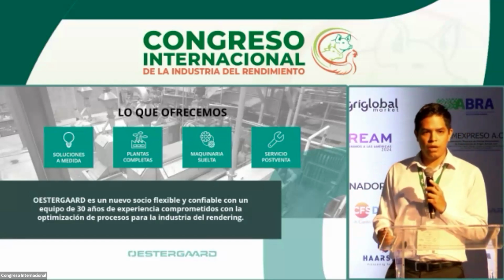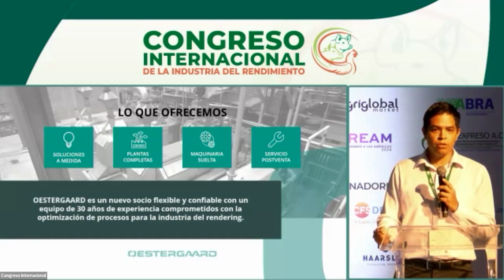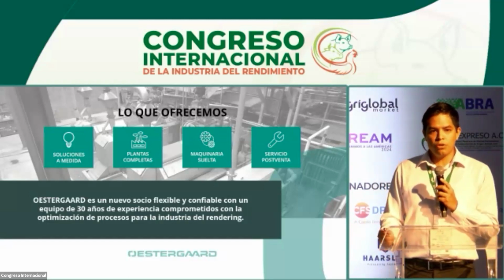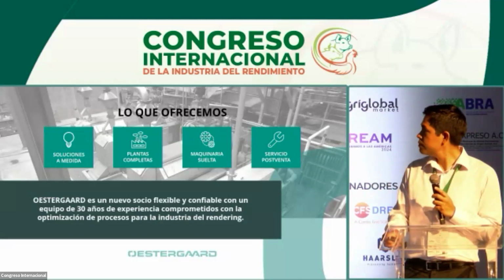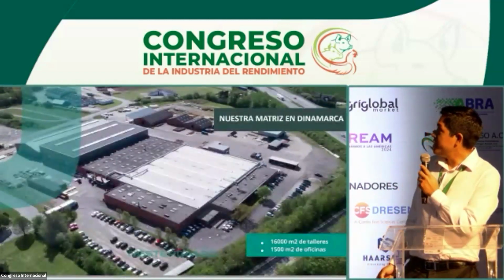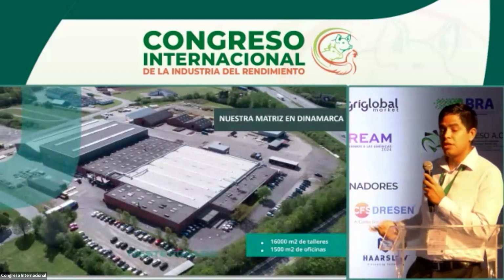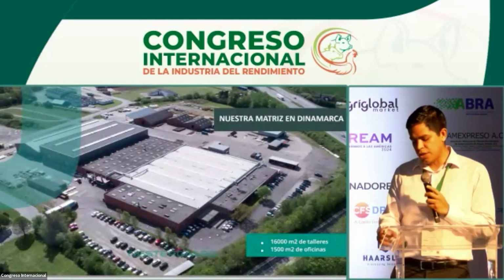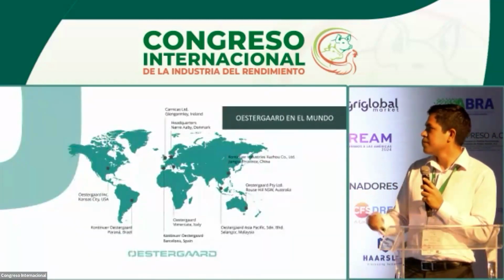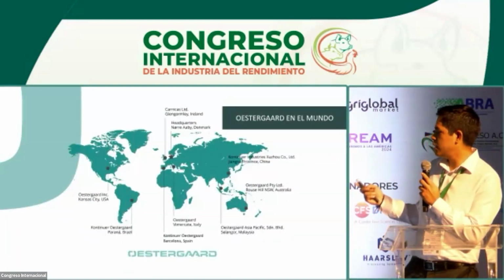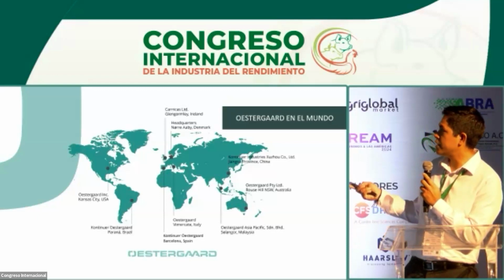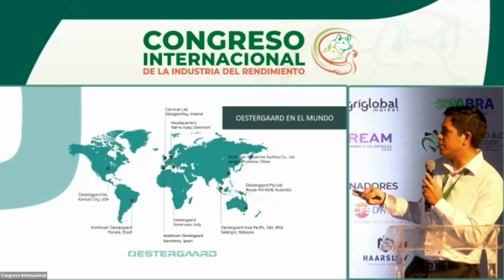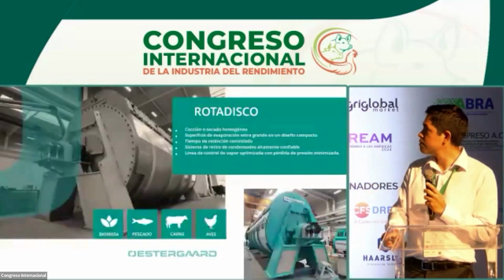The company is relatively new, 7 years, but the technical team has over 30 years in the sector already. This is our headquarters in Denmark, 17,000 square meters of offices and also workshops. We have offices in Spain, Malaysia, Australia, United States, and Brazil.